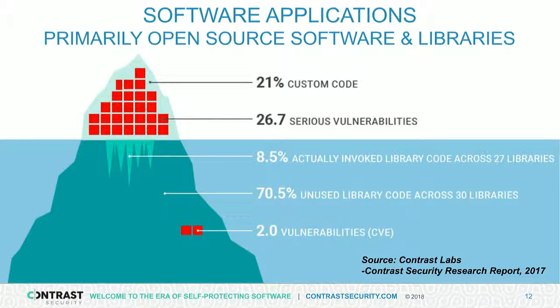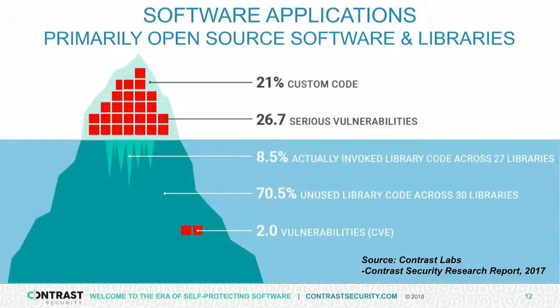A recent Contrast Labs research study in 2017 discovered the following, and I've highlighted this with an iceberg illustration. If you look above the waterline, the tip of the iceberg, 21% of code is comprised of custom or proprietary code, and the average custom code application contains approximately 26.7 serious vulnerabilities.